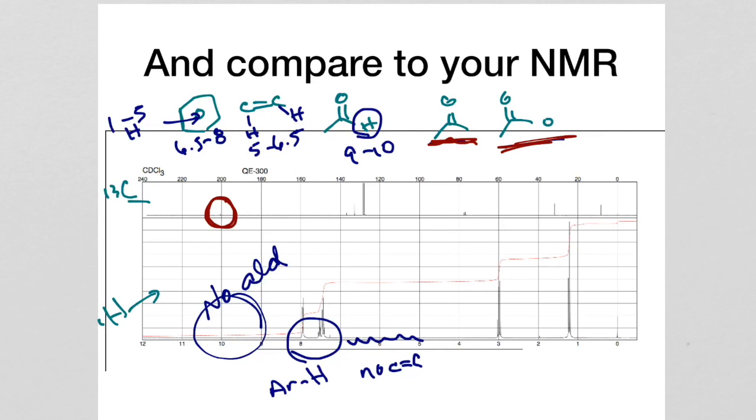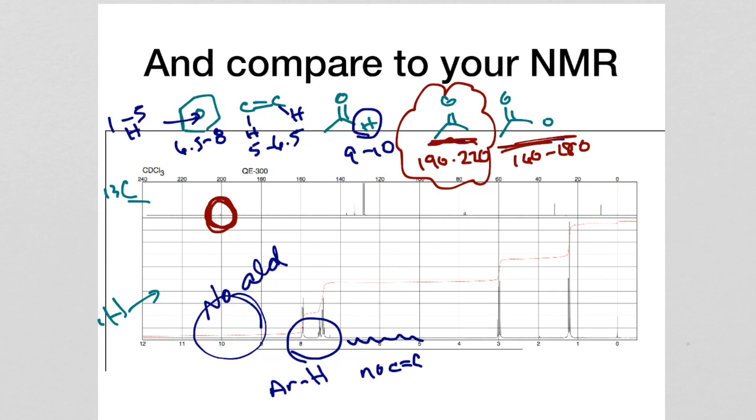Ketones tend to have chemical shifts from 190 to 220. Esters tend to have chemical shifts from 160 to 180-ish. So since this little peak, and it's very short, is just above 200, that gives me a really good clue that I have a ketone.